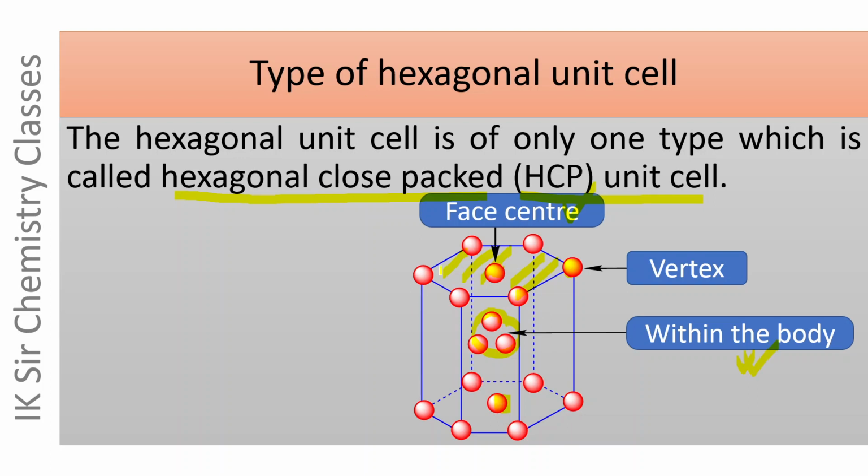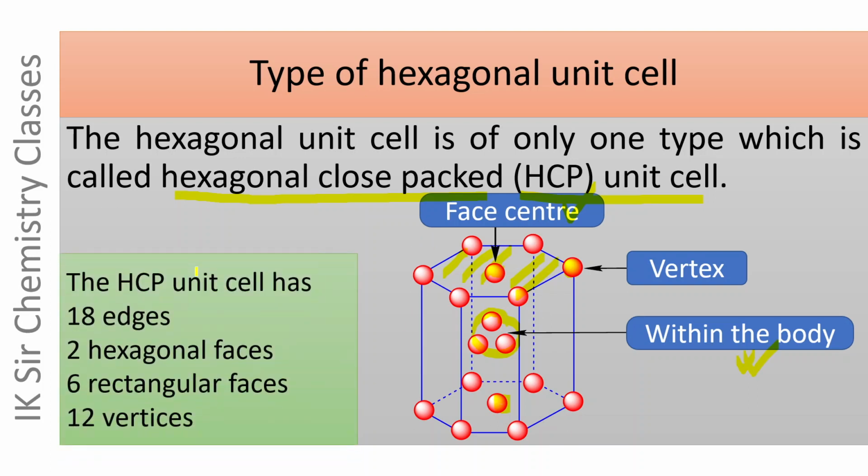This is the HCP unit cell, and it has 18 edges. How can we calculate these 18 edges? 1, 2, 3, 4, 5 and 6 edges are present on the top face. 6 edges are present on the bottom face.